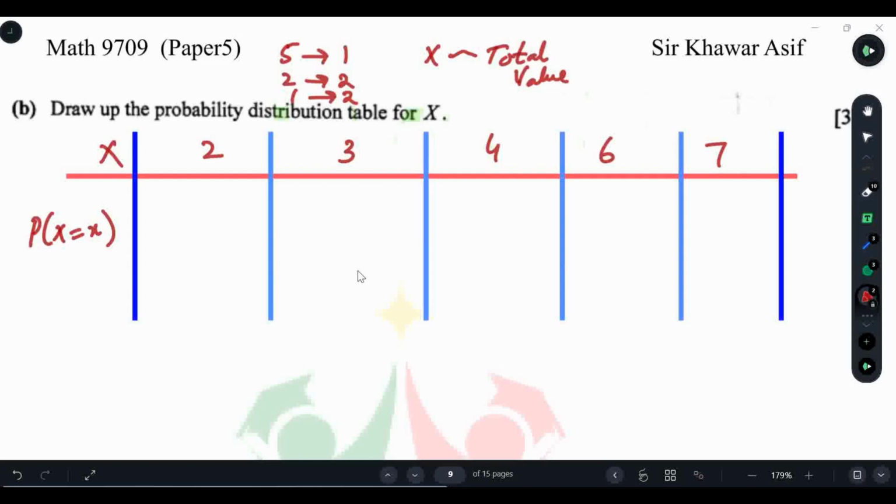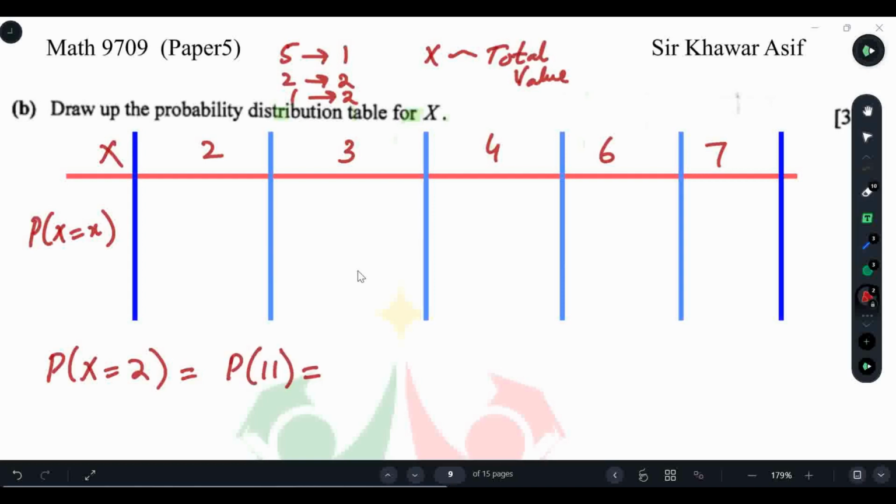Now we can do the probability of X equal to x. For 2, let me write it over here: the probability of X equal to 2 is the probability of 1 and 1.